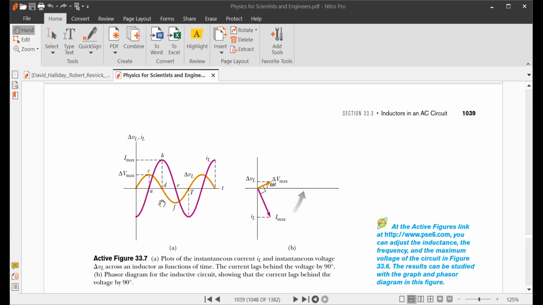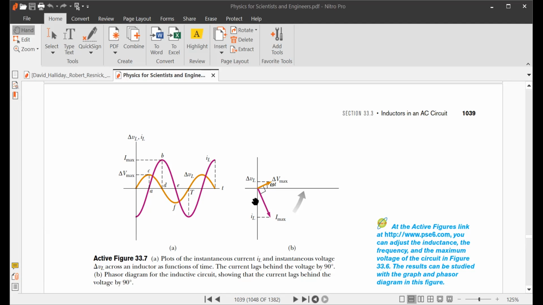For example, at t equal to 0, we have zero potential, but in the current we get this minus. So the current is lagged behind by 90 degrees.